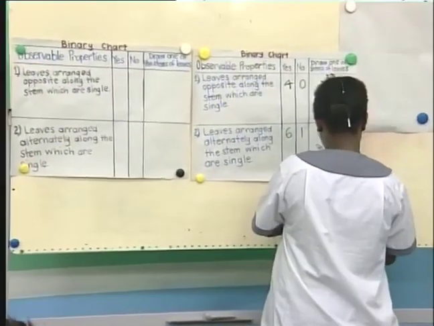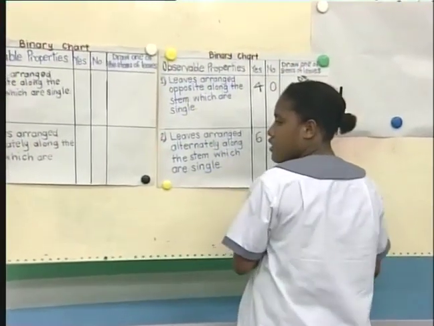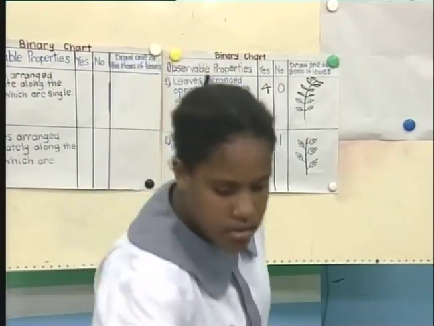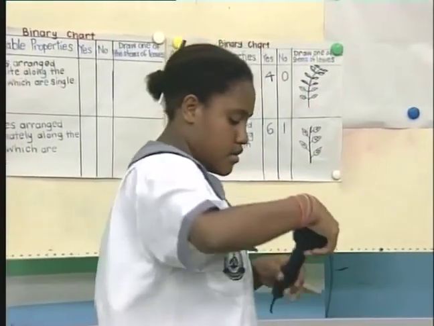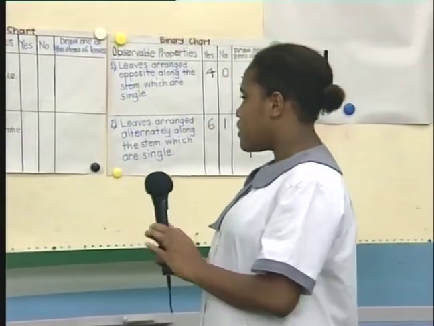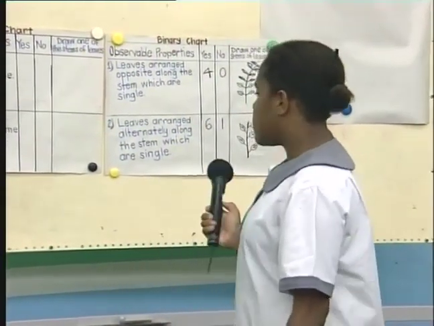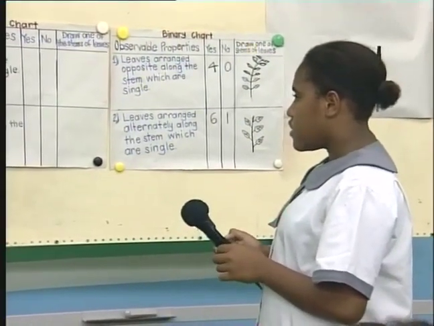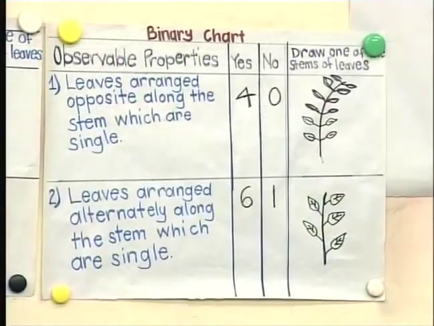Now we will have Michaeline from group 9 to tell us what her friends and herself actually did to have that information that they have on that binary chart. Okay. If you need to point, there's a pointer there you can use. Thank you, Michaeline.